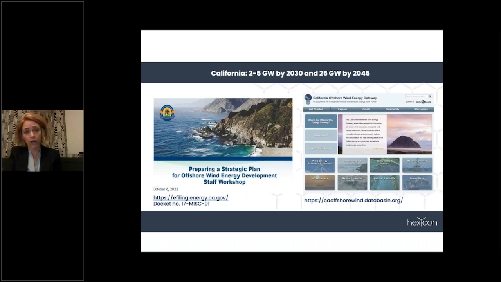So I'd encourage you, if you're not already attuned, to dig into the docket where all of this chatter is available and accessible to stakeholders and the industry, as well as the workshop that was held, which was, again, a really exceptional summary of the state of play, but also to look at the extensive amount of research and data that the state agencies have been accruing from a diversity of stakeholders and scientists over the past decade through the Offshore Wind Energy Gateway.